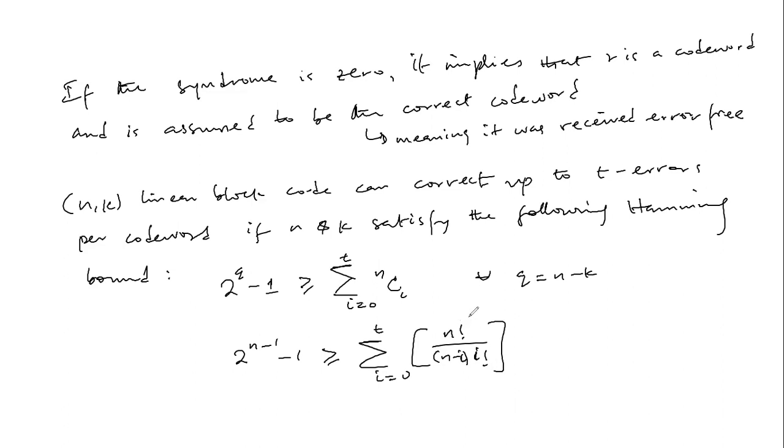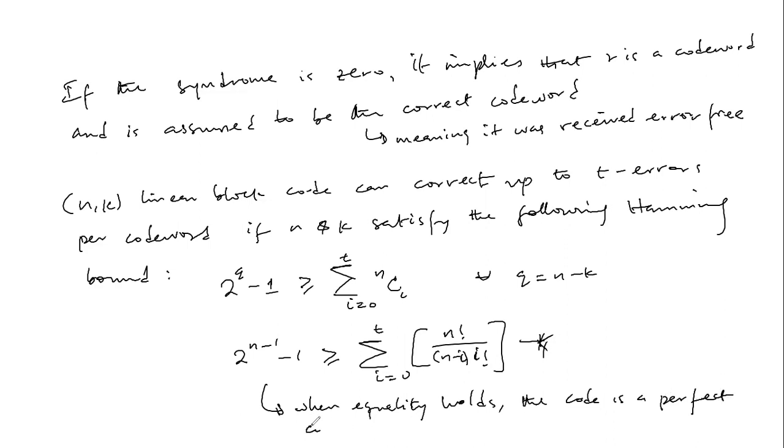Note that a block code for which equality holds for this expression is known as the perfect code. So when equality holds, the code is a perfect code.